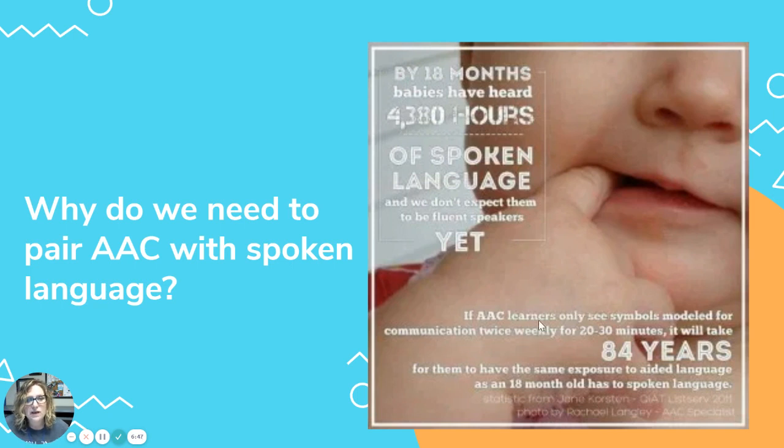If we do the same for our AAC learners, if they only see those symbols modeled for them during maybe their speech therapy time, twice a week for 20 to 30 minutes a week, it will take them 84 years to get to the point where our typically developing children are, to this level of 4,380 hours.